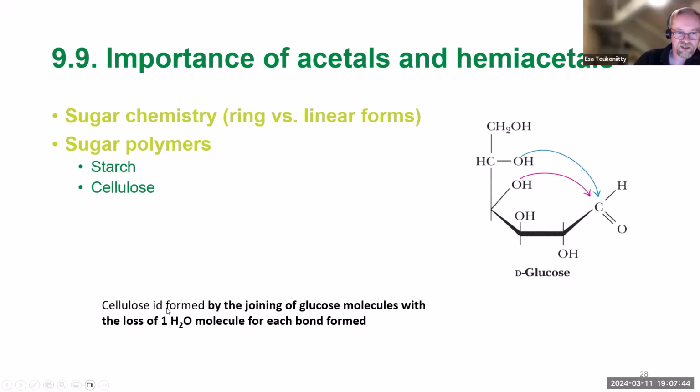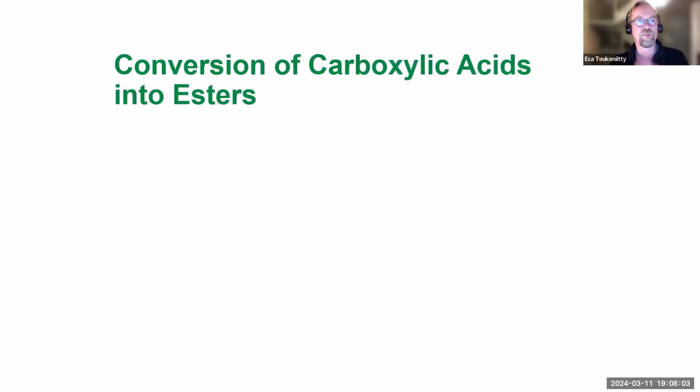So here it says cellulose is formed by joining glucose molecules with removal of water, and basically this OH group reacts, binds to this carbon and releases OH and oxygen, and that's how these polymeric bonds can be formed.